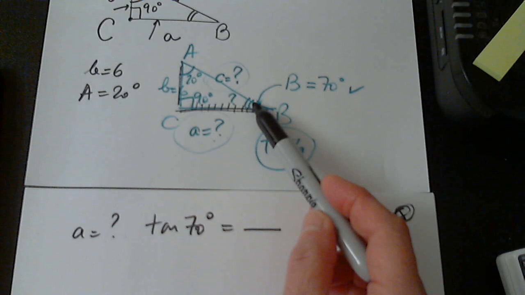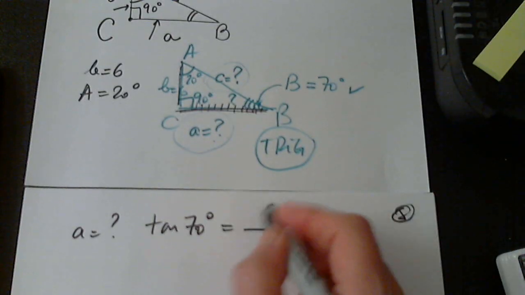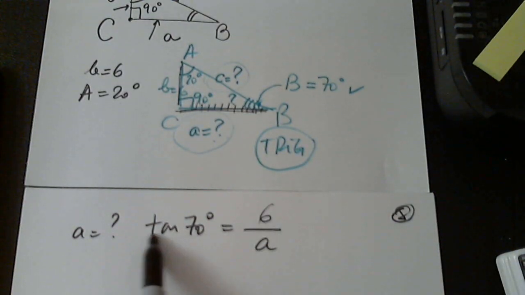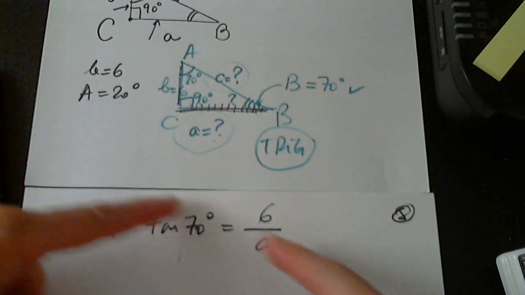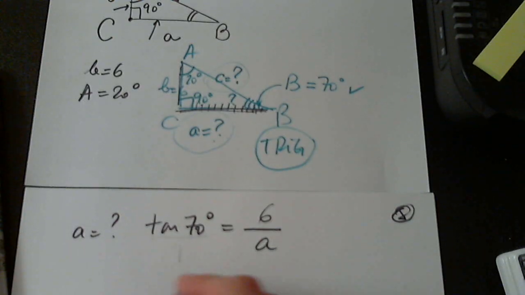Six over A. Opposite over the adjacent, 6 over A. Remember, this is a proportion, because this is over 1. In a proportion, you can always do this, or cross multiply. So A equals 6 over tangent 70 degrees.